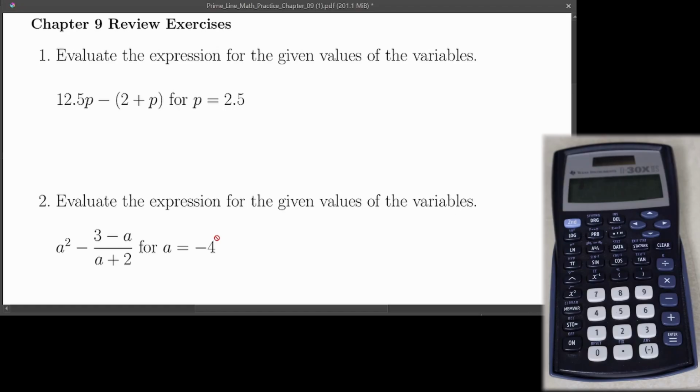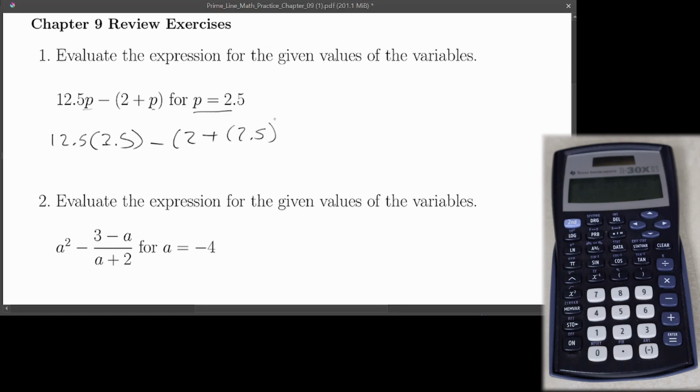Okay, on this problem, we are going to plug in this value anywhere we have the value p. And when I plug it in, I want to put parentheses, so I'll do 12.5 parenthesis 2.5 minus parenthesis 2 plus 2.5.